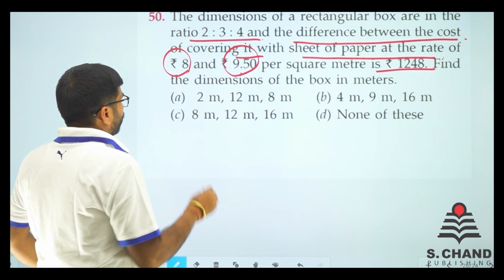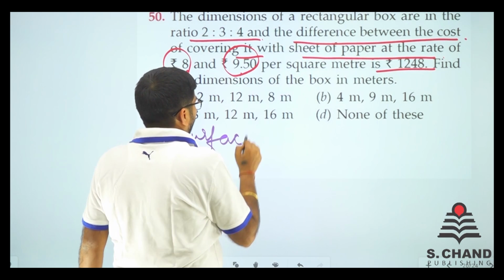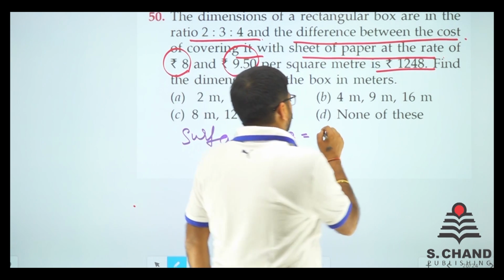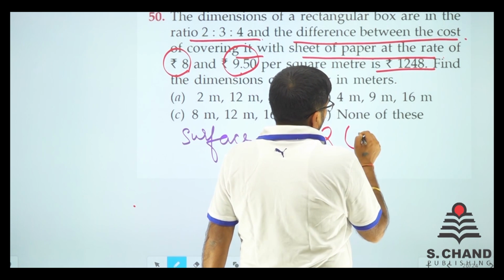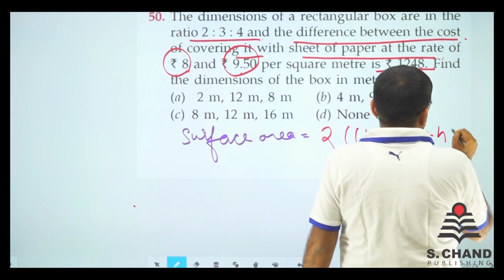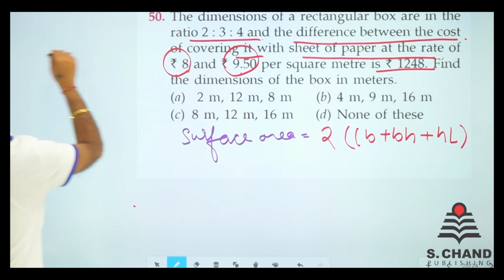First thing we need to know is what is the surface area of a rectangle. See, surface area of a rectangle is 2(LB + BH + HL), right? Now let us do one thing.